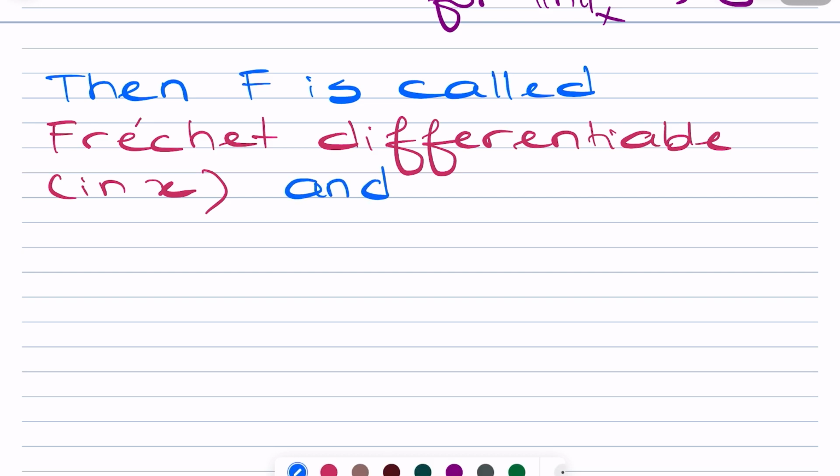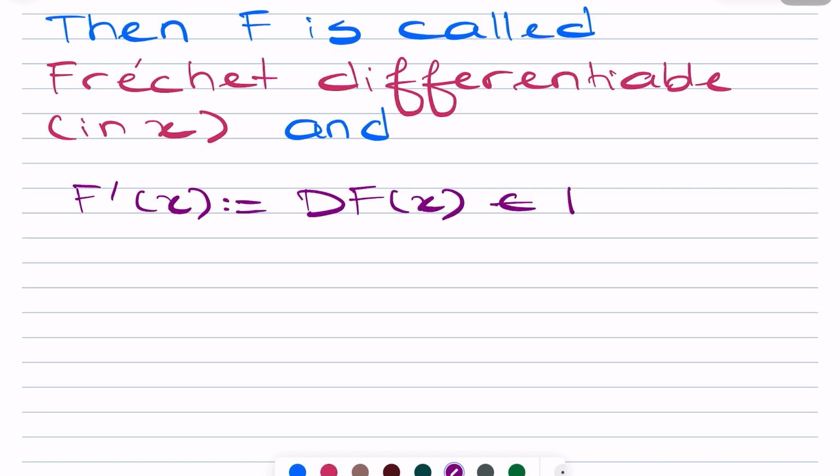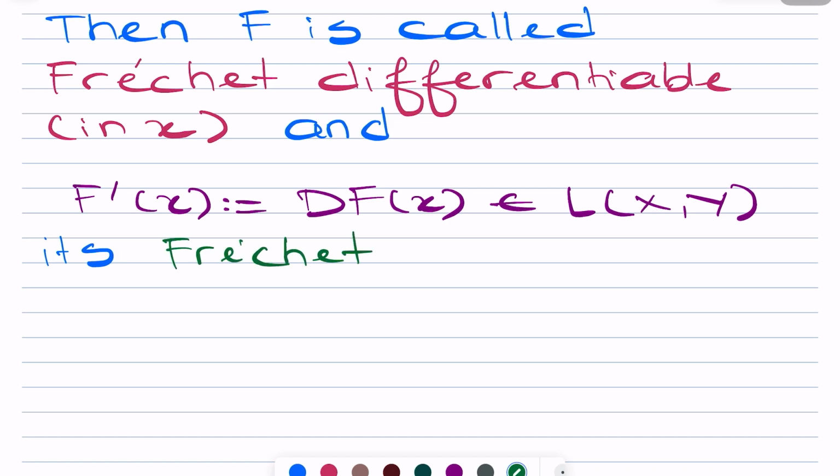And f prime of x, which we define to be df x, which is a linear bounded operator, will be its Fréchet derivative.